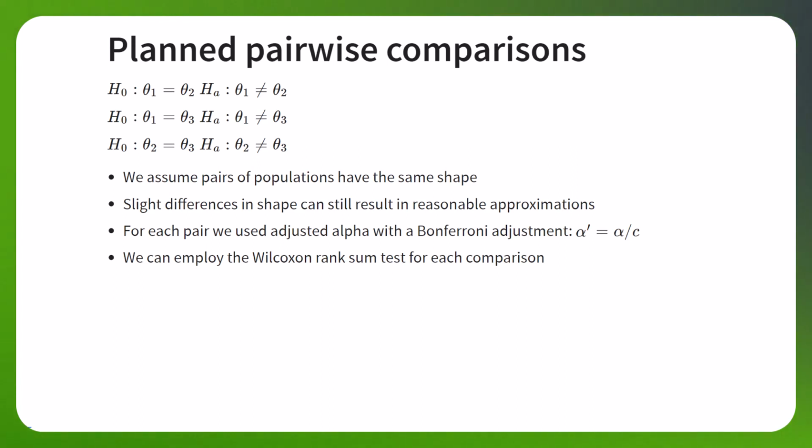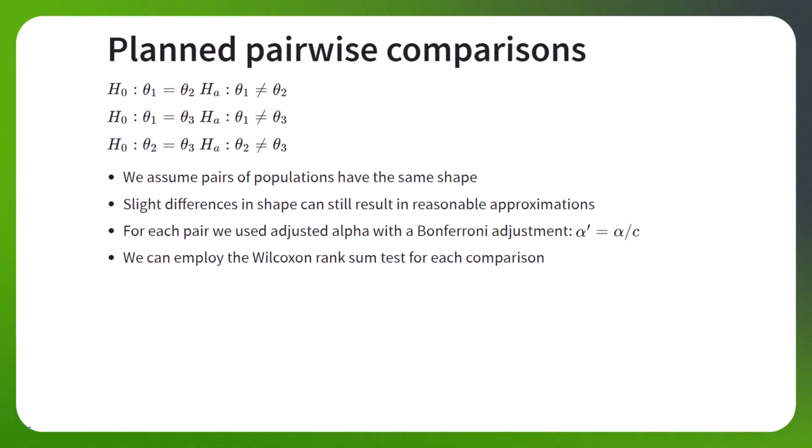So this is about the population parameters, the median of group 1 and 2, and the alternative would be that they are not equal. Similarly, we can compare the median of 1 to the median of 3, and the alternative is they're not equal, and so on for as many pairs as you have. In this case, we have 3 groups, so we have 3 pairs.